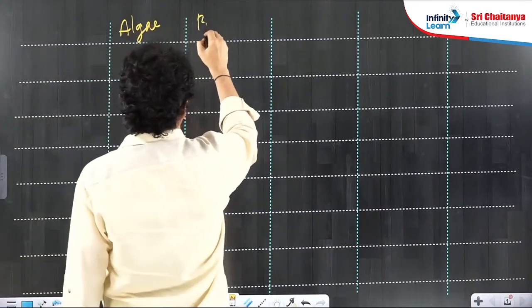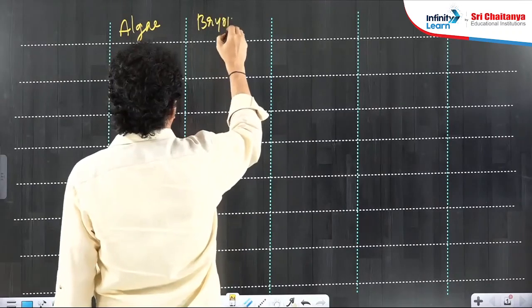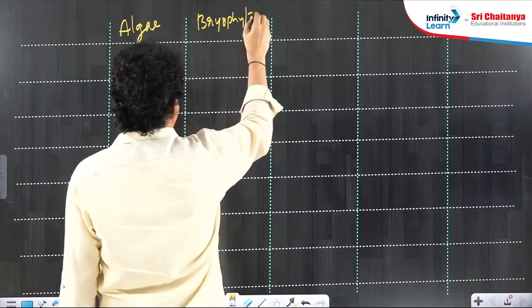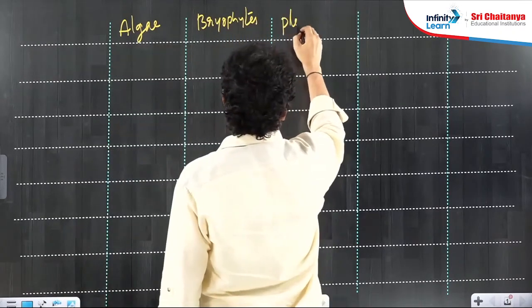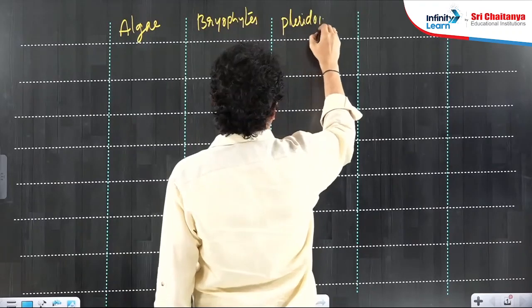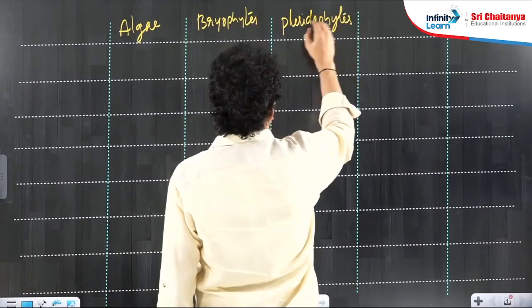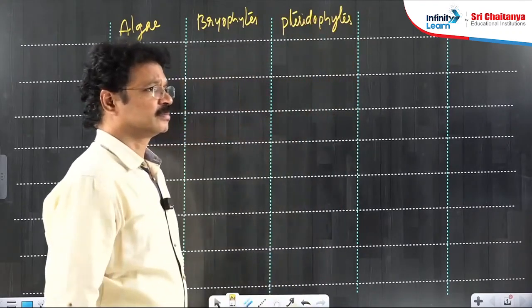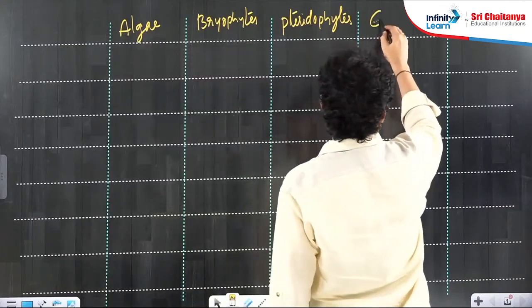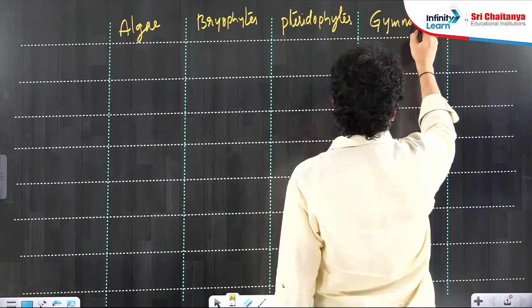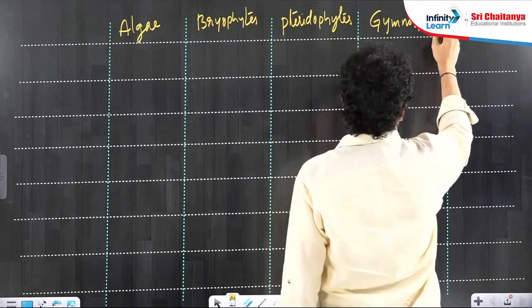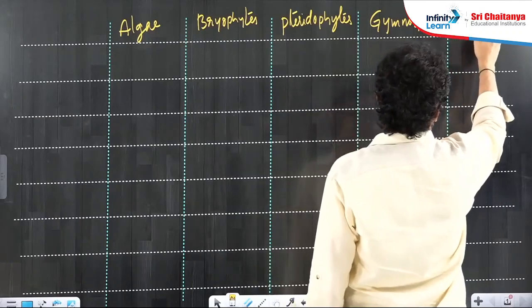Algae, bryophytes, pteridophytes, gymnosperms, angiosperms.